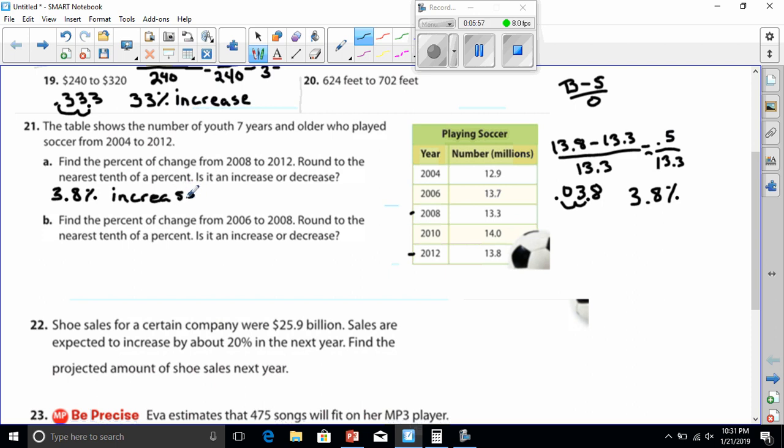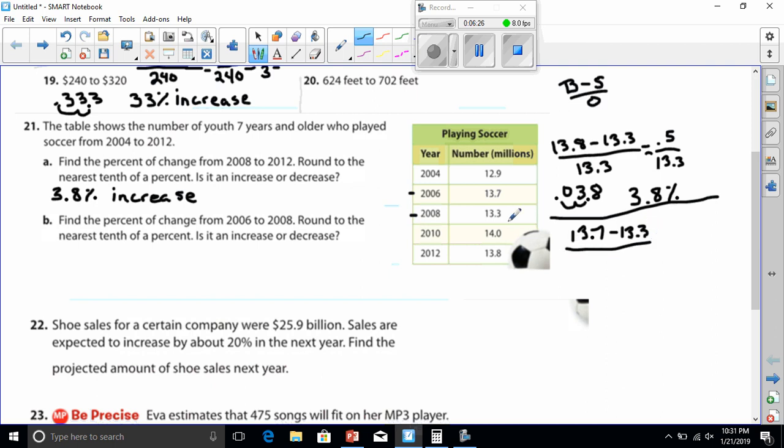All right, let's do the part B. Find the percent of change from 2006 to 2008. Let's erase these. So from 2006 to 2008, it was 13.7 to 13.3. So the bigger number here is 13.7. I'm going to subtract 13.3.